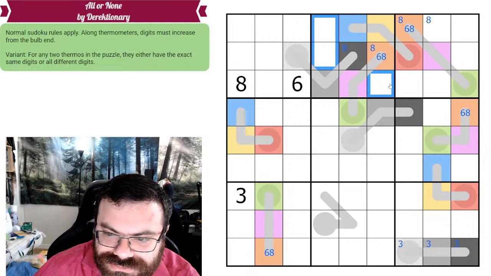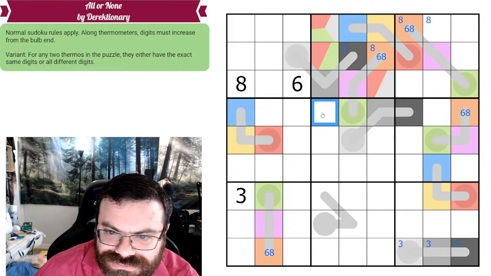I'm missing green, purple. No, I have purple and orange. I'm missing green. Green goes up here. I'm missing red. It can go in any of them. And light gray, which can't go here.